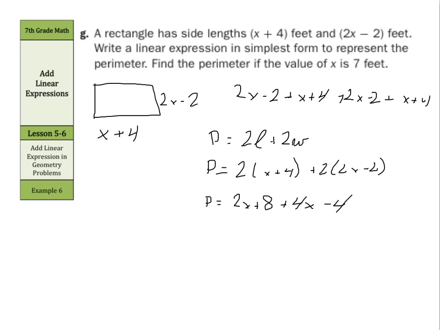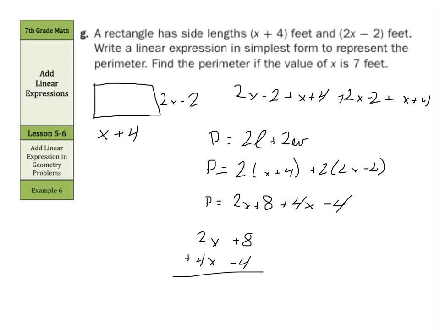Again, just to review that, 2 times x was 2x, 2 times a positive 4 is a positive 8, 2 times this 2x is 4x, and 2 times negative 2 is a negative 4. Now if we regroup these, we would have 2x plus 8, and then plus 4x minus 4.